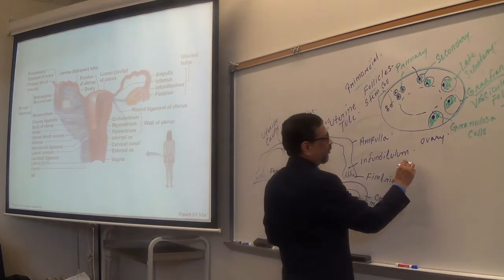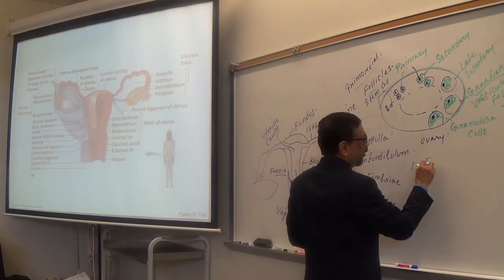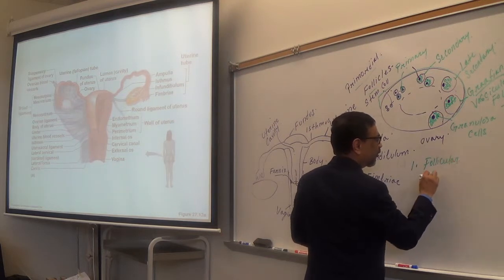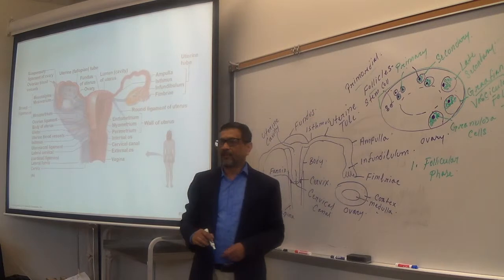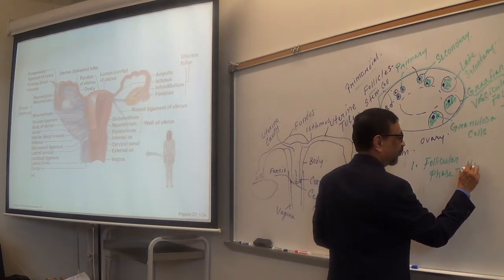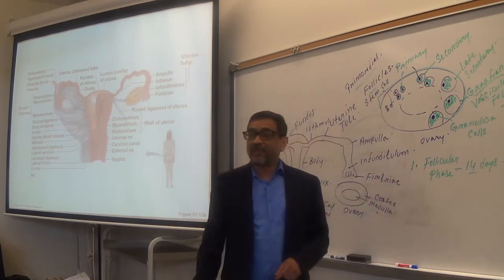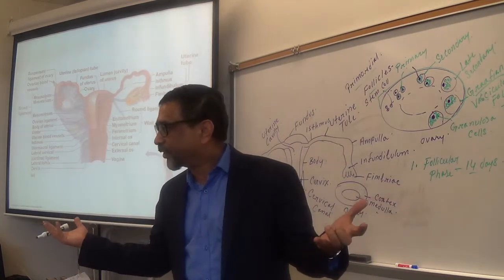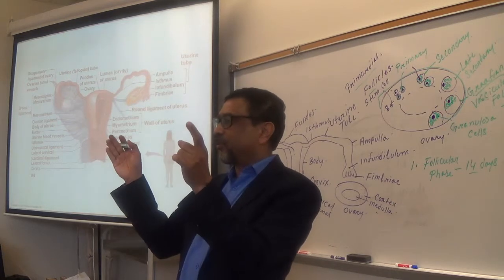And this phase is called the follicular phase. About 14 days. Makes sense, because in this part what happens? The follicles grow, right, and get matured. That's why this phase is called what? Follicular phase.